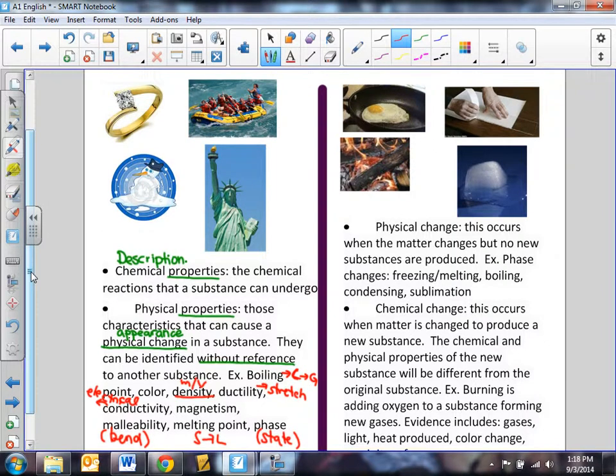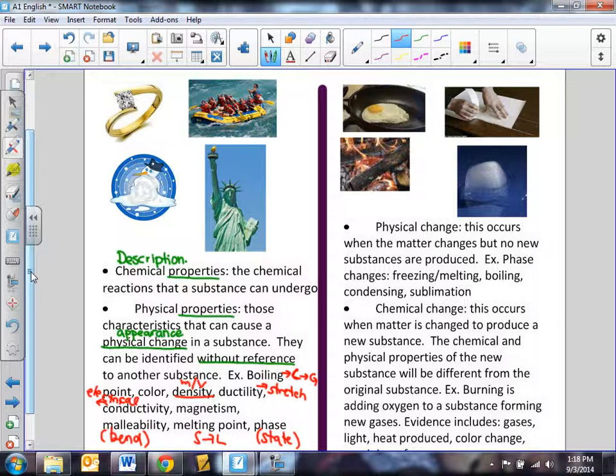At the top, above the text on the left, there are 4 pictures. And I would just like for you to take a moment and think, which property is each of those pictures attempting to illustrate? Is it a physical property or a chemical property? And if it's a physical property, perhaps which one? And I made sure that they were all pictures of properties I actually listed down on the bottom.